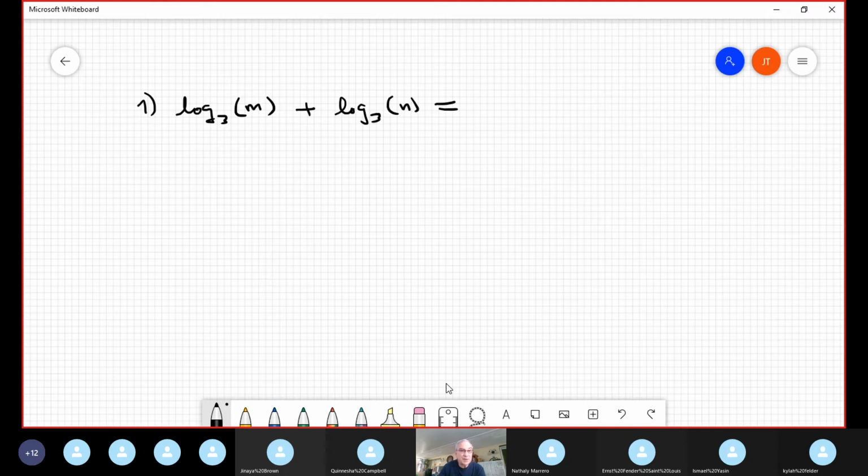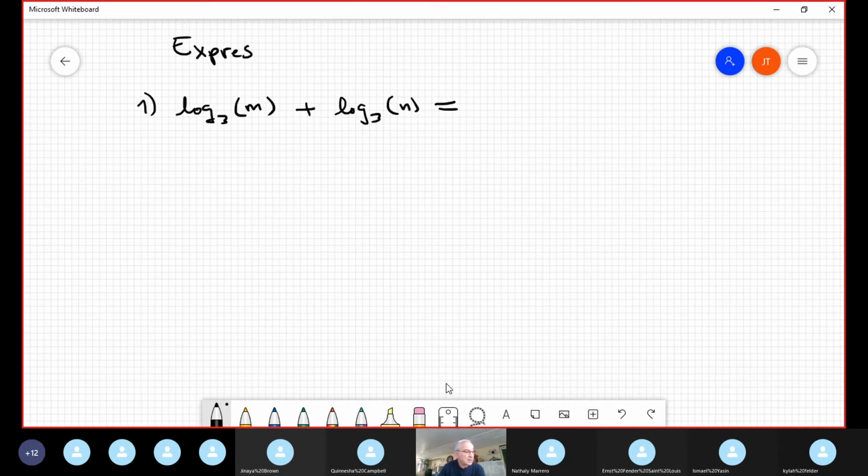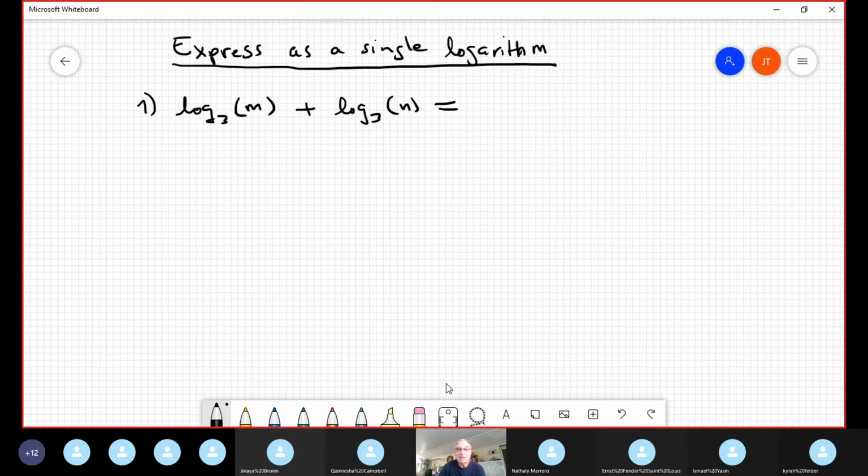And the question says, express as a single logarithm. When it's logarithmic, it's an adjective. When it's logarithm, it's a noun.